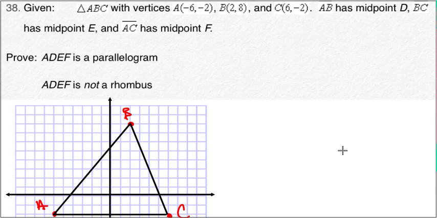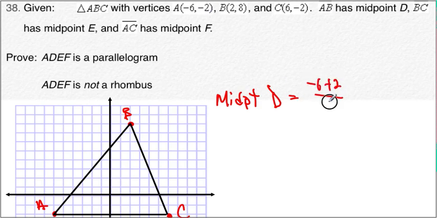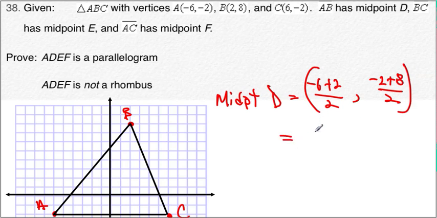Alright, the midpoint D is on BC. AB has midpoint of D. So the midpoint is the average of A and B, so we get negative 6 plus 2 over 2, and then negative 2 plus 8 over 2. Then it becomes negative 2 comma 3.